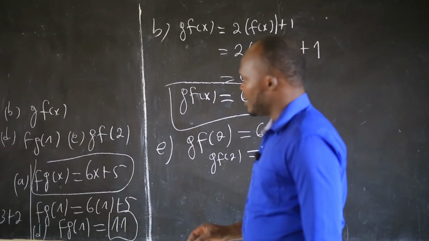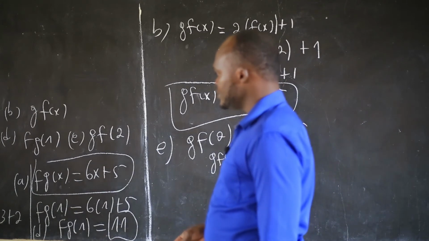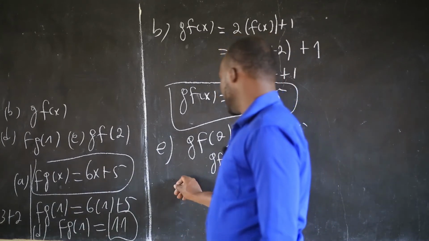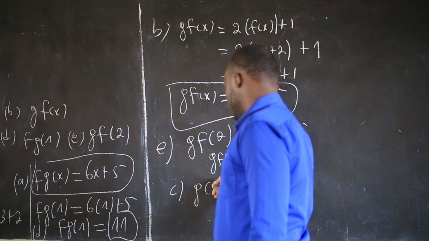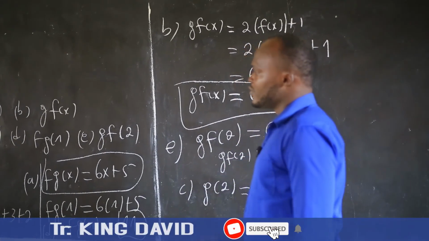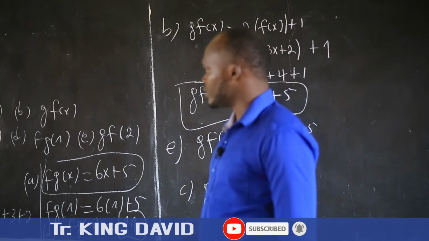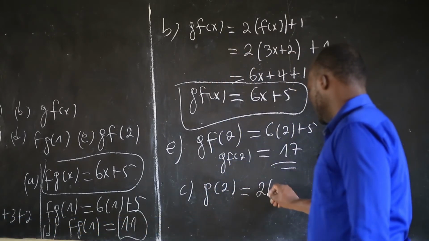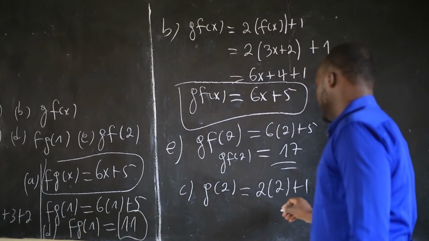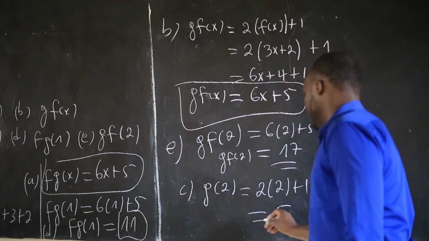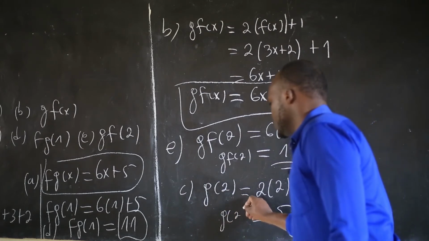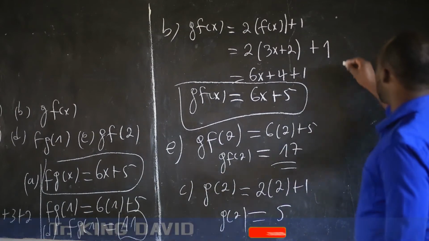Then let me go to C. C, they're asking g of 2. And remember, g of x equal to 2x plus 1. So it will be 2 into 2 plus 1, where the answer is 5. That's g of 2.